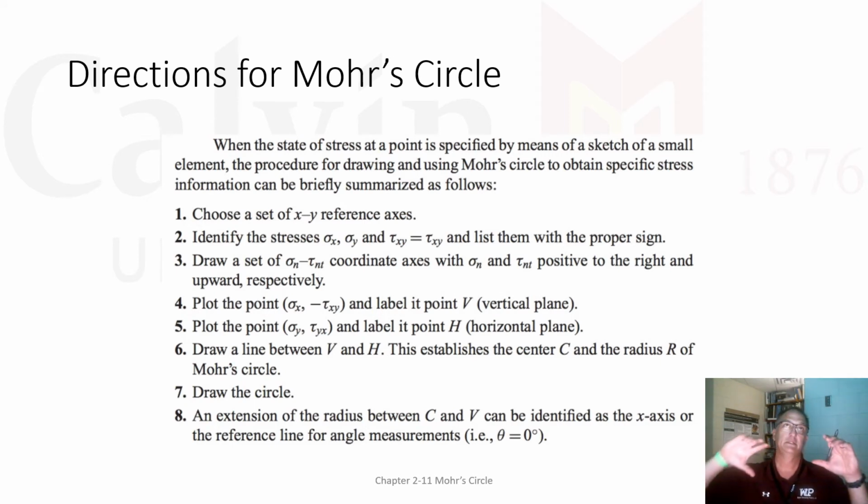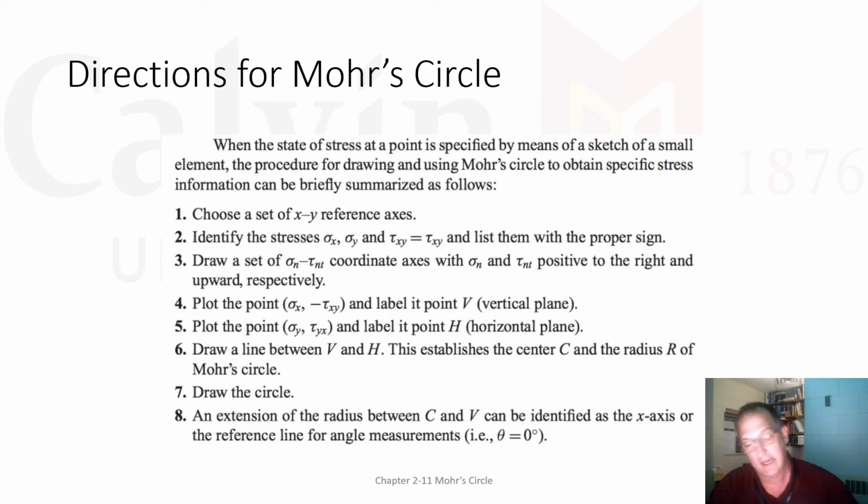Using that as a backdrop, these directions were written for using Mohr's circle so that you can walk through a process and come up with the answer to what is going on with this stress cube and how it coordinates.